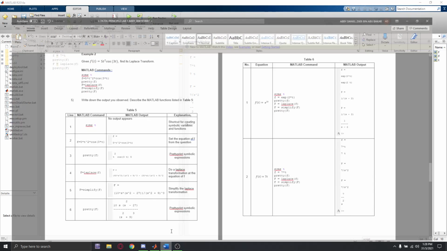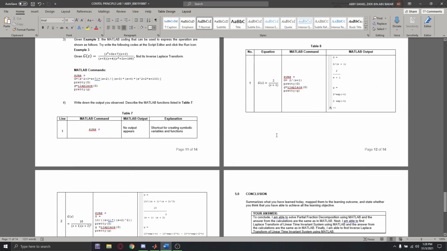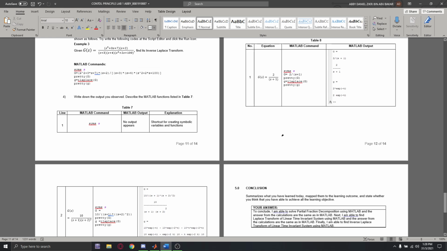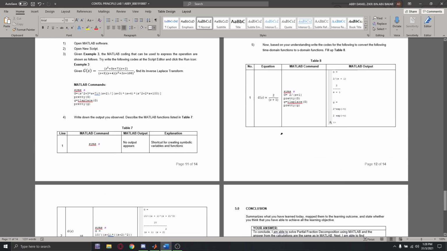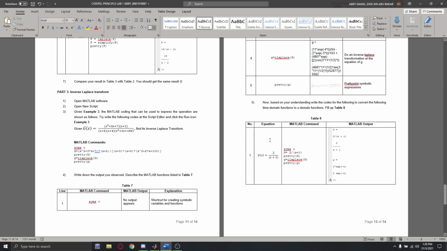Okay, so for the last part, which is inverse Laplace transformation, I will use question number 1 for example. For your information, part 3 and part 2 are quite similar in steps, but instead of using Laplace, we will use inverse Laplace, which is ilaplace.